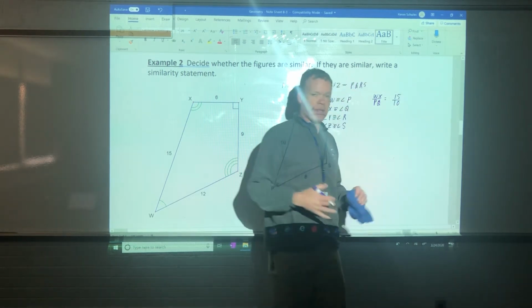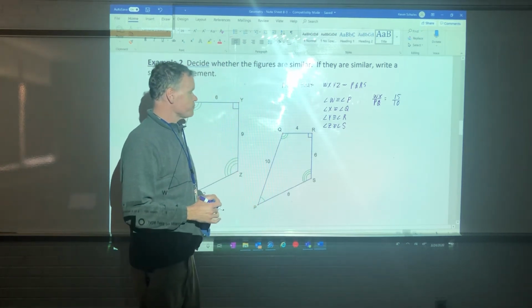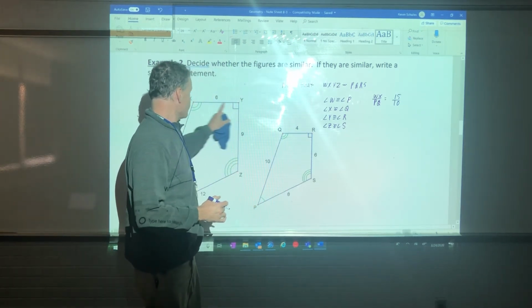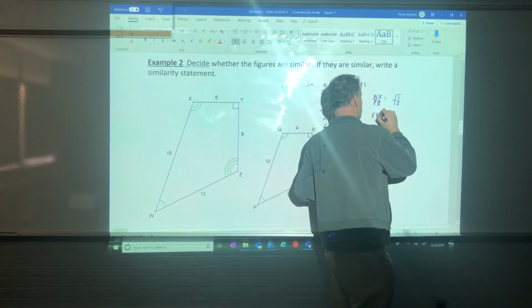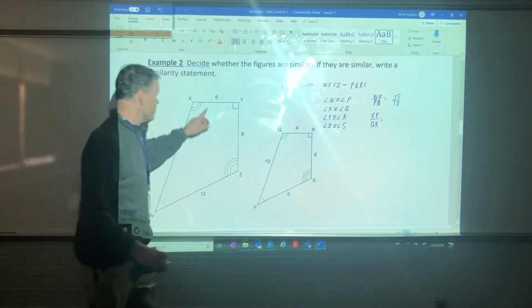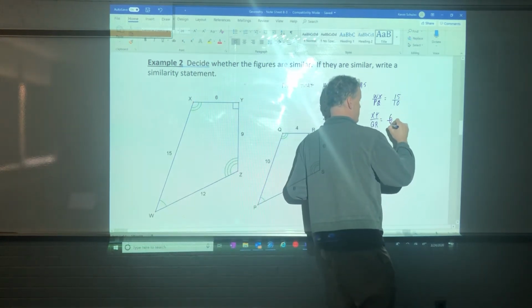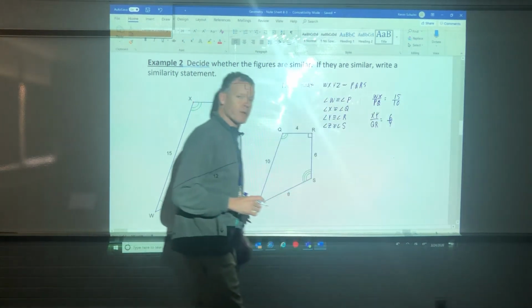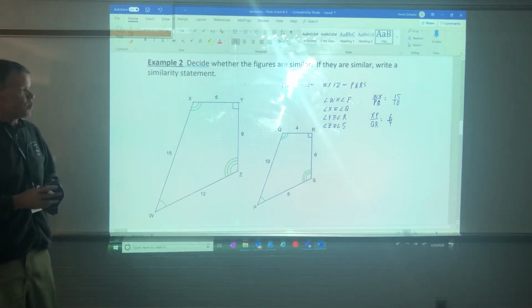I'm going to line this up, and I think I'm going to come back and put everything together here. We look at XY over QR, and XY over QR is going to be 6 over 4. Different initial numbers, but you'll see we reduce. That's going to really tell us if everything's in proportion.